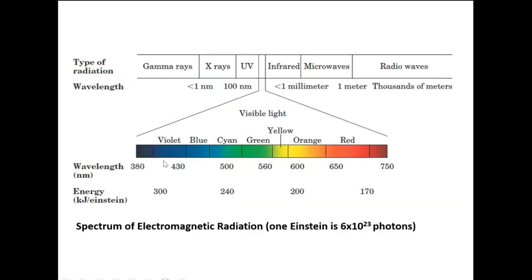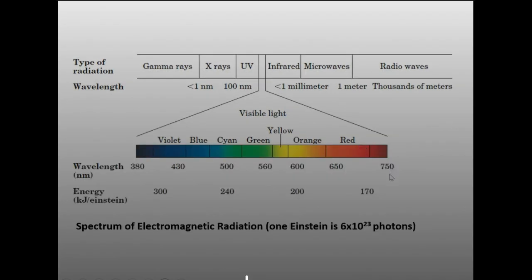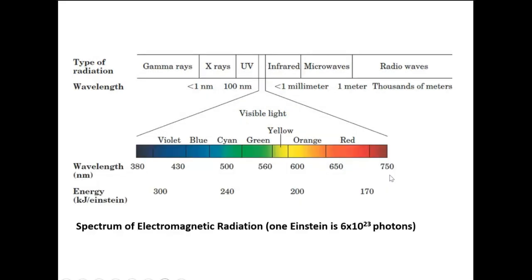The violet region has the lowest wavelength, starting at 380 nanometer, and the far red region ends at 700 nanometer. Generally, while taking class, we say the visible region is between 350 to 700 nanometer wavelength of light.